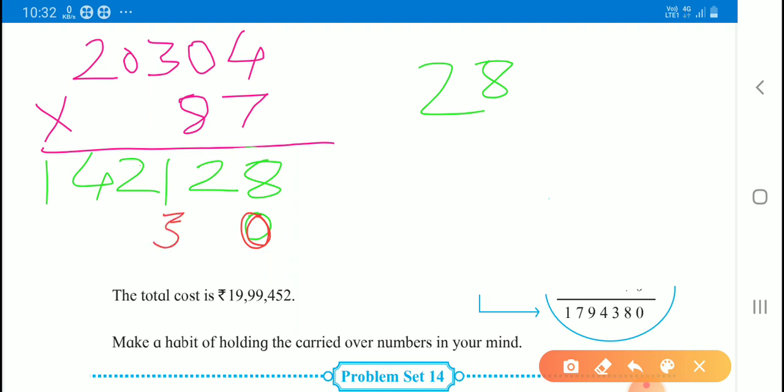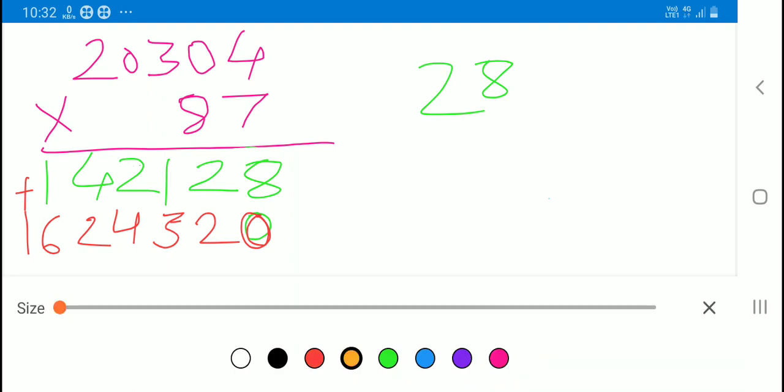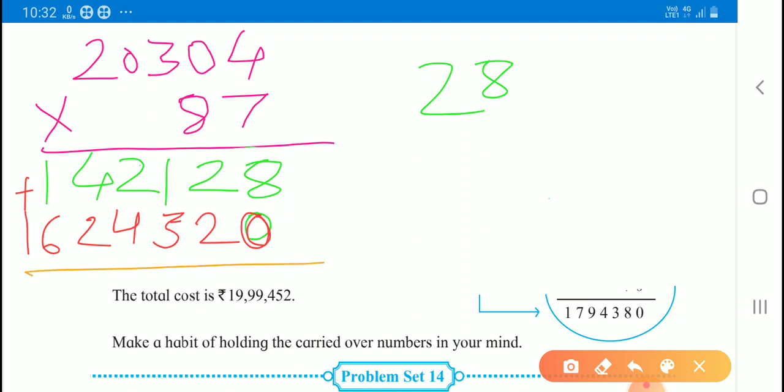8 4s are 32. 8 3s are 24 and 8 2s are 16. Now we have to add these two numbers. We will add this. 8 plus 0, 8.